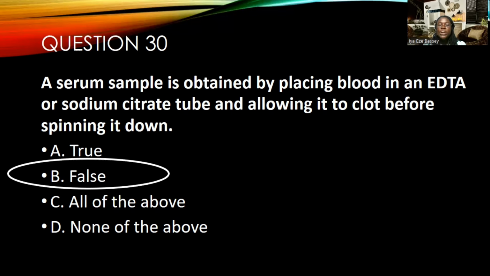It's false. Usually, if you want a serum sample, you put it in a plain bottle and allow it to clot. Or you can put it in a silicone gel container, allow it to clot, and then you spin it down and pick it up. You don't put it in any type of anticoagulant bottle.